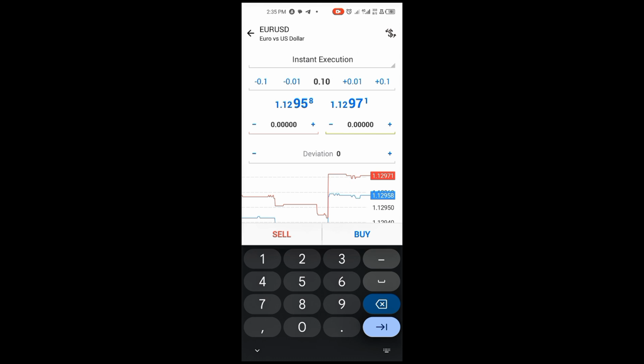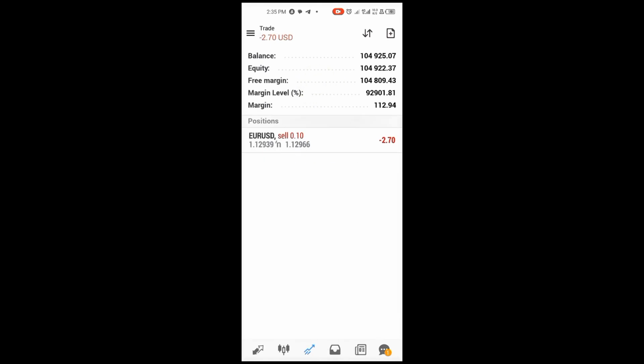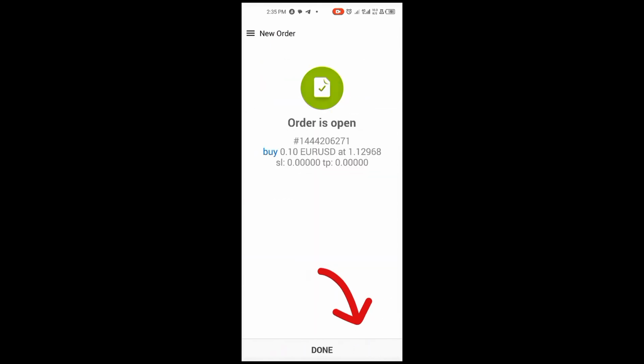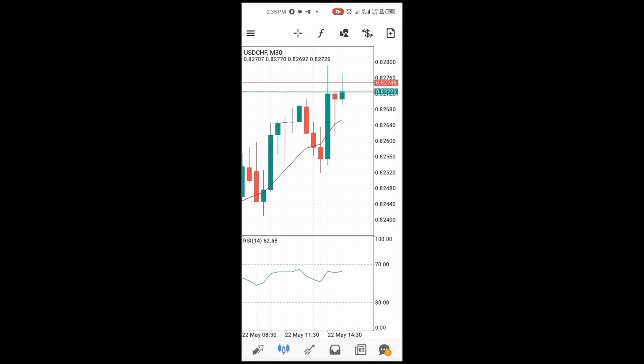Now you can either sell the market or buy the market. So you see, when you sell or buy, it depends on the lot size you have used. You are going to be making money from the lot size you have used.